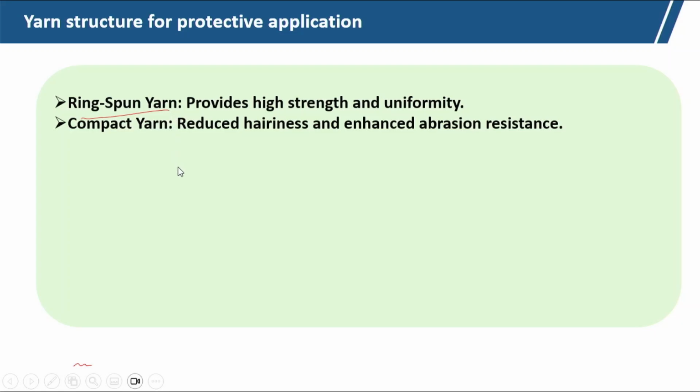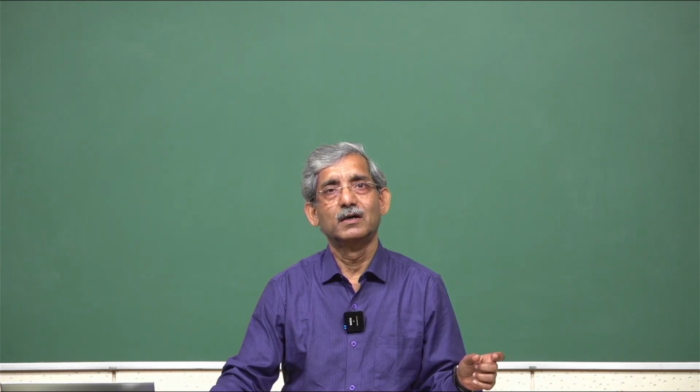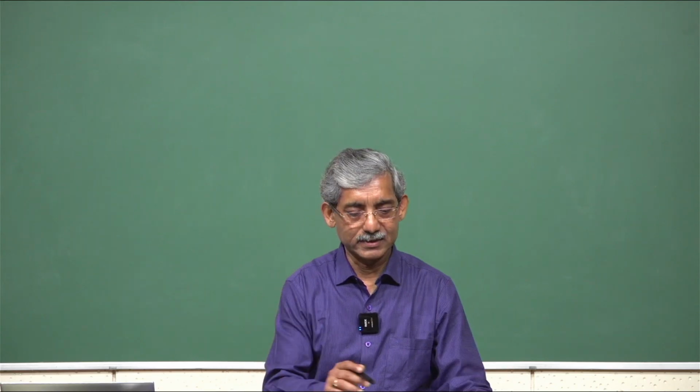Compact spinning is one variant of ring spun yarn where we add one component at the ring frame to reduce the hairiness.